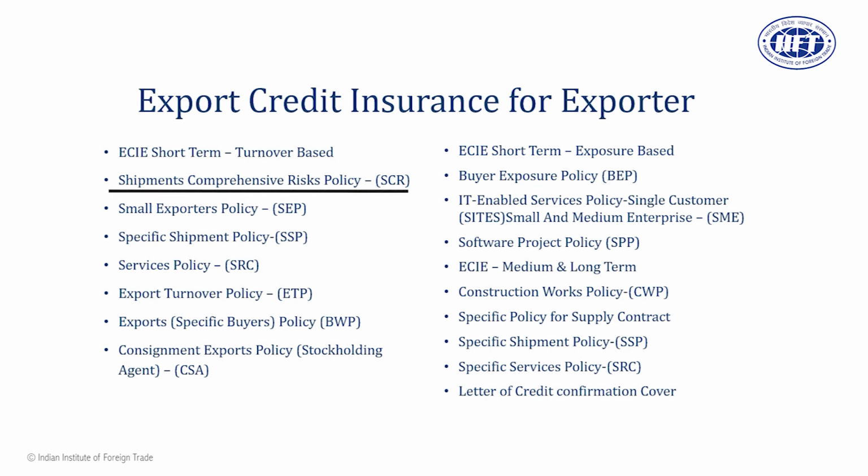If we talk about the shipment comprehensive risk policy, it simply means that for every shipment that an exporter undertakes, ECGC covers the risk involved per shipment. But if we talk about, say, a contract based policy, in that particular case, the entire term of the contract will be covered by ECGC.